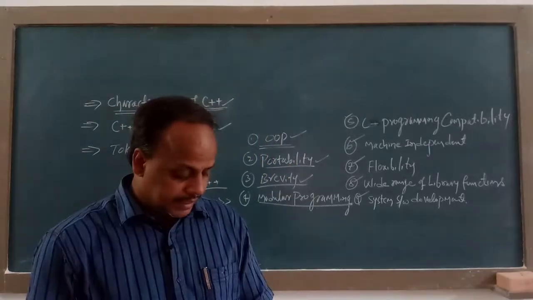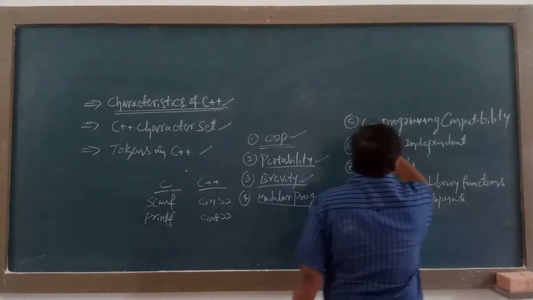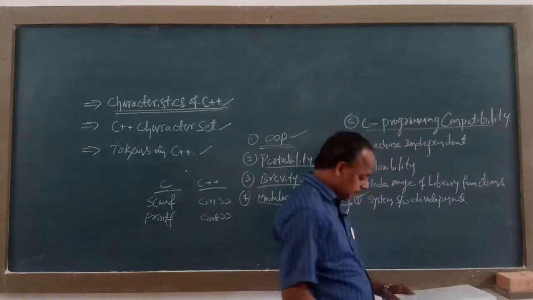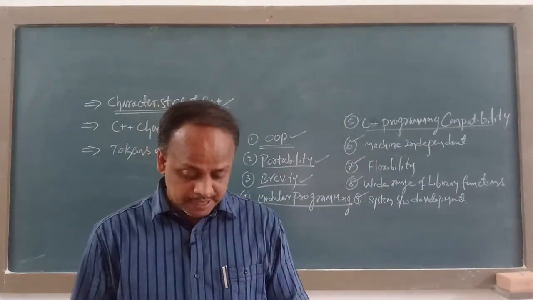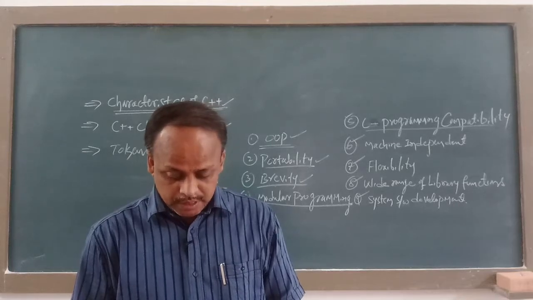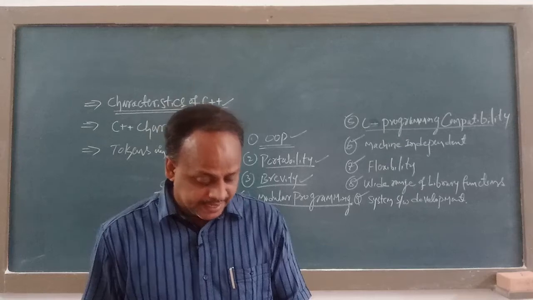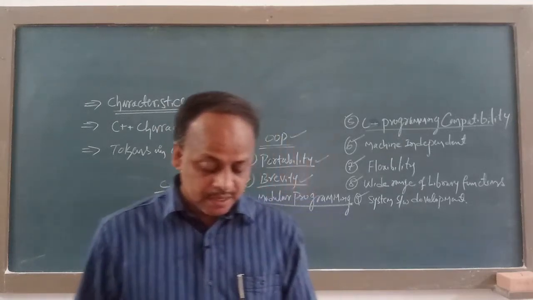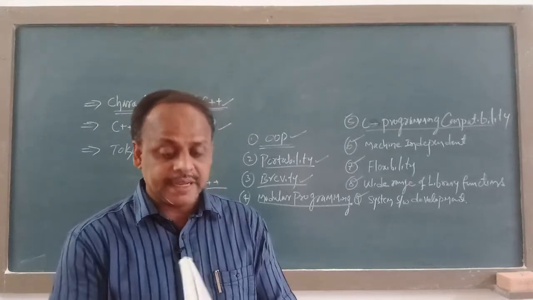And next one is C programming compatibility. It means C++ is backward compatible with the C language. Any code written in C can easily be included in a C++ program without making any change.